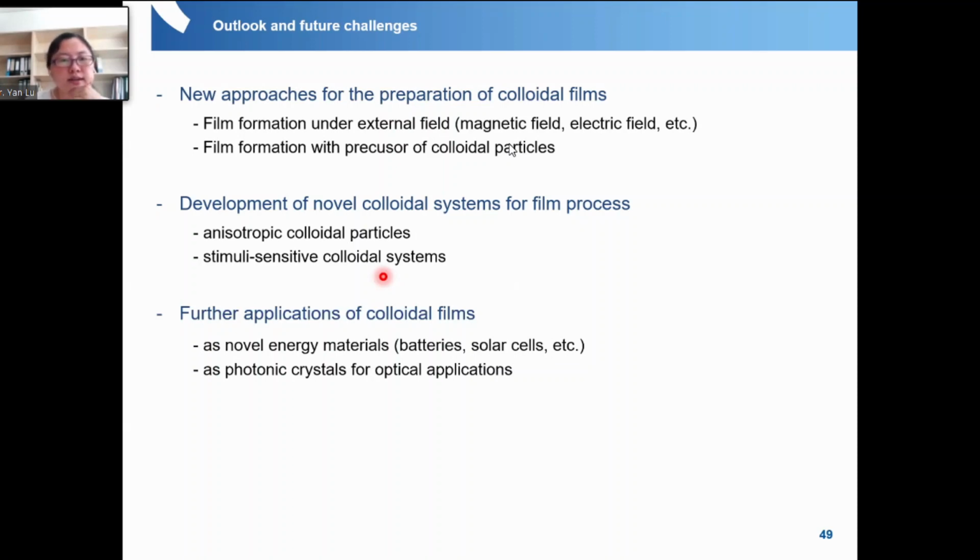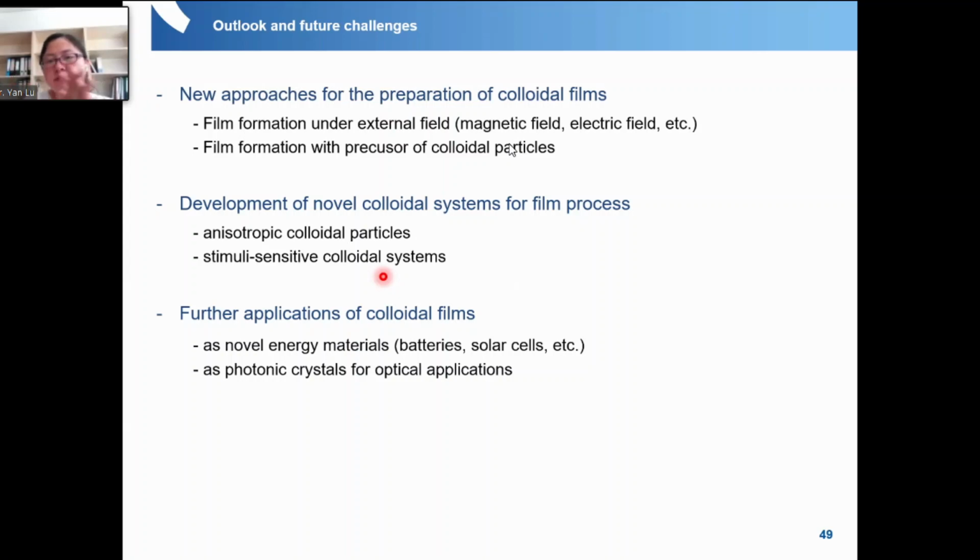And there are a lot of possible applications for the colloidal films. On one side, for energy materials, all the electrodes we prepared for batteries or supercapacitor applications, we actually use this doctor blade deposition method. In that case, you can have a large-size film, which can be used as the electrode for battery applications.